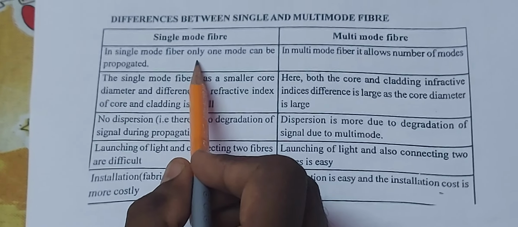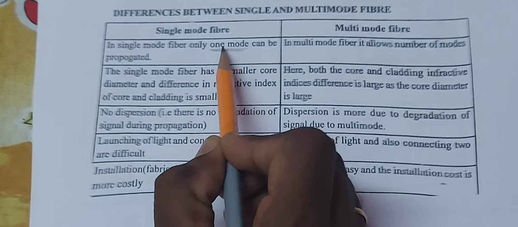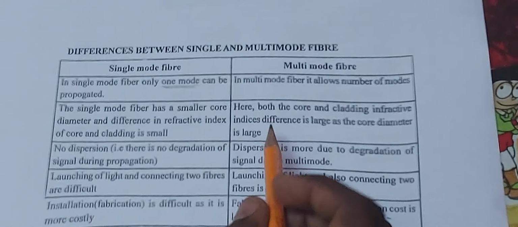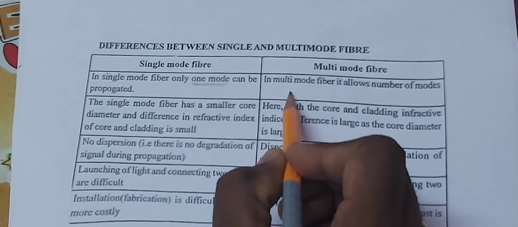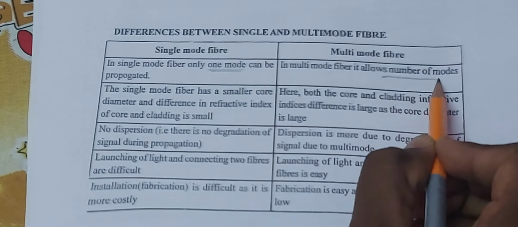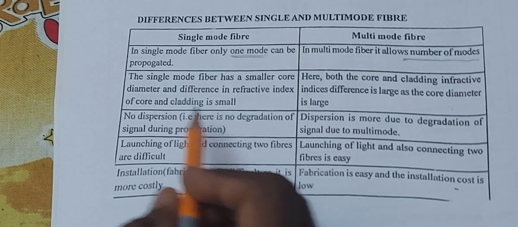The single mode fiber can propagate one mode because the diameter of the core is small. In multi-mode fiber, it allows many modes because the diameter of the core is very large.